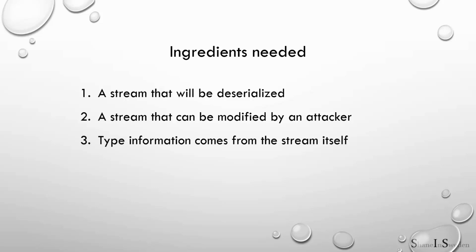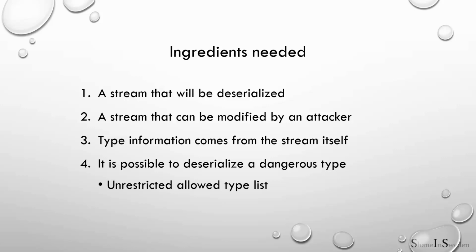This third ingredient is strictly not 100% necessary, but it is much more likely that an attacker can abuse deserialization if the deserialization stream takes the type information it uses to instantiate objects from the stream itself. And finally, there must be the possibility of deserializing some dangerous type that the attacker can use.